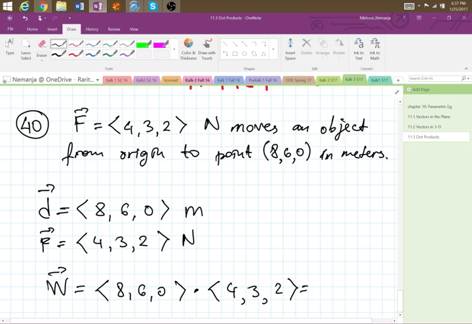Exactly. So 50 newton meters when you do the dot product. So 8 times 4, 32, 6 times 3, 18, 0 times whatever the number is, 0. So when you add them, you get 50.